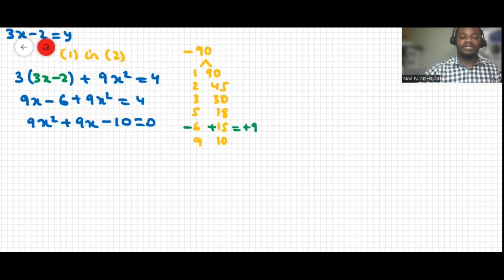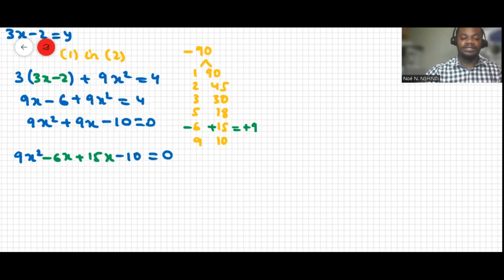Now over here we can write 9x squared, and instead of plus 9x, we're going to write minus 6x plus 15x, and then minus 10 equals 0.